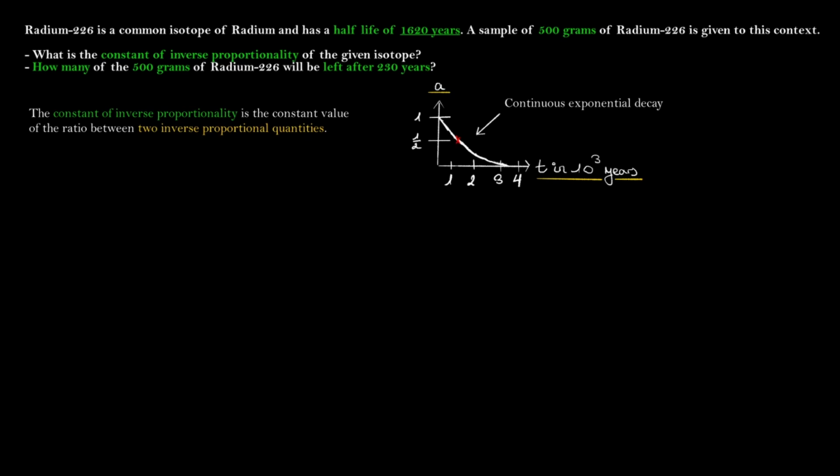And in fact this happens because A becomes smaller as the time goes on. So not only do we have an inverse proportionality, but we also have a continuous exponential decay. And because of this, we can now use our continuous exponential decay function.